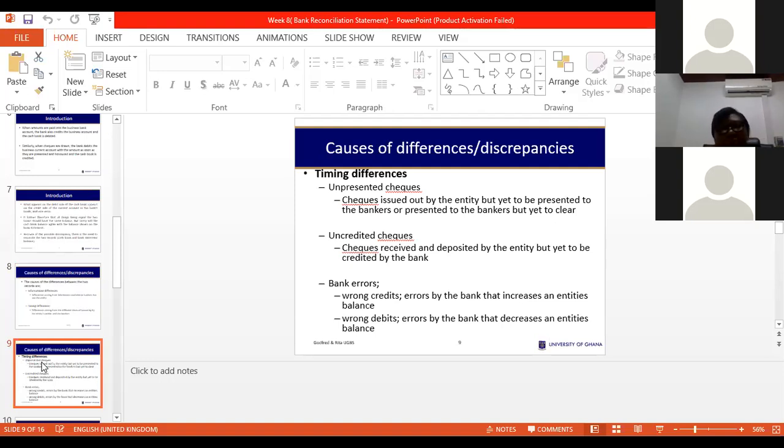Now, when we say unpresented, these are checks that the business entity has issued to its suppliers. So for instance, UGBS has issued a check to Susie. Tomorrow is 30th April. UGBS issued the check today. Immediately UGBS issued the check to Susie, and Susie picks it up, we will enter it in our books. We will credit our bank account and debit Susie's account.